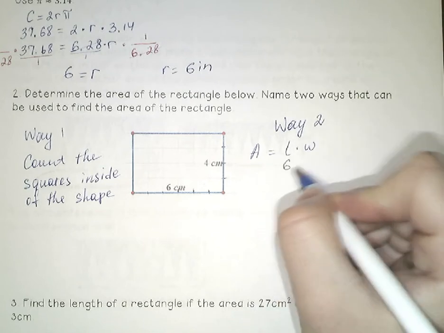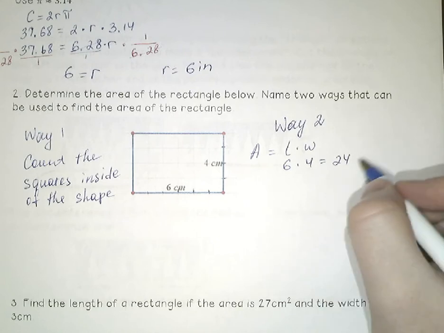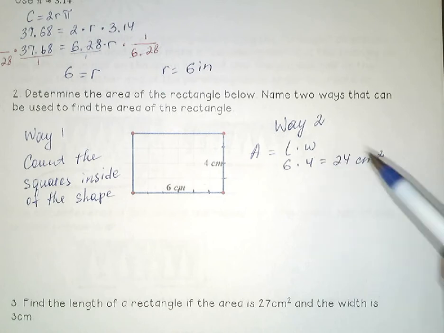And you will do 6 times 4 equals 24 centimeters squared, right? So that's how you learned how to use equations in the fourth grade.